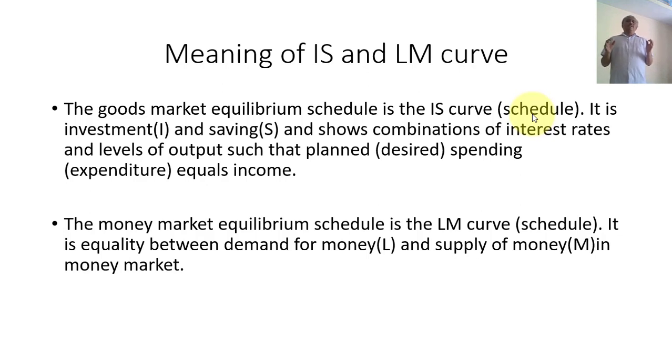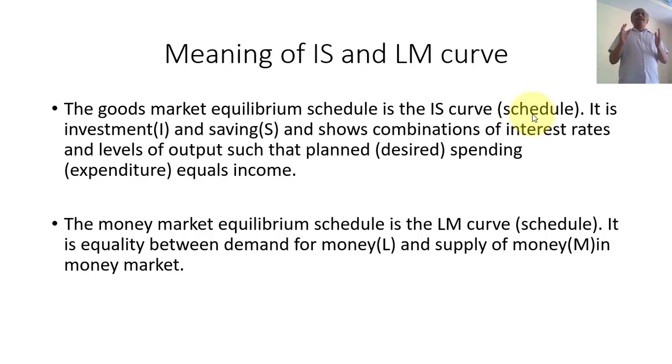The LM curve is also called the money market equilibrium schedule. It is the equality between demand for money and supply of money in the money market. So the IS curve is a product or goods market equilibrium schedule, whereas the LM curve is a money market equilibrium schedule.